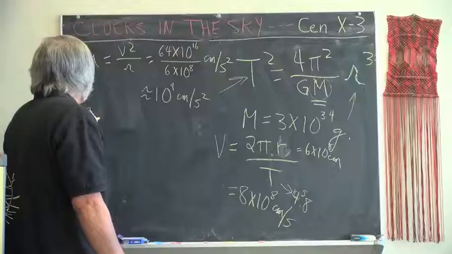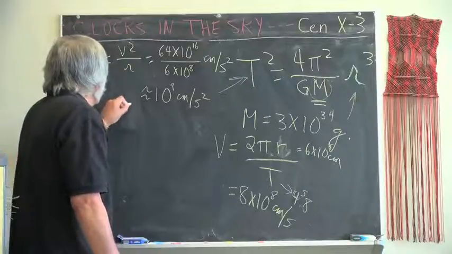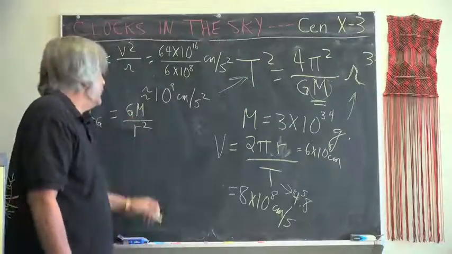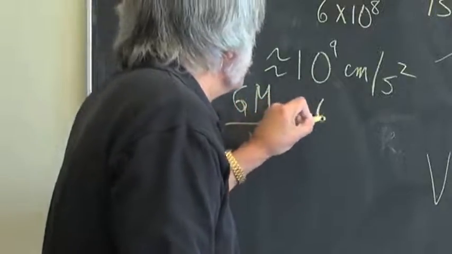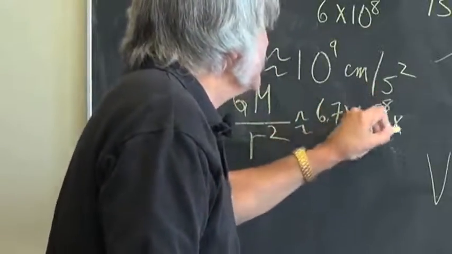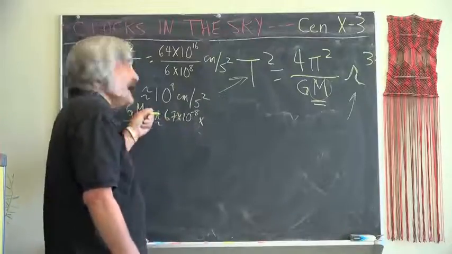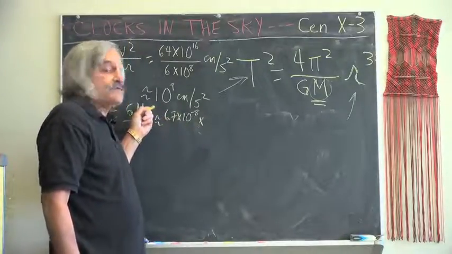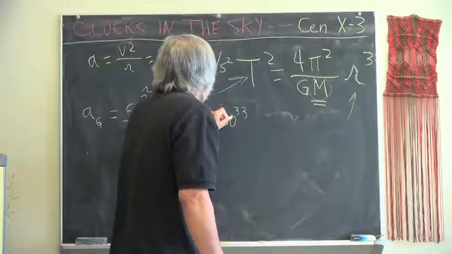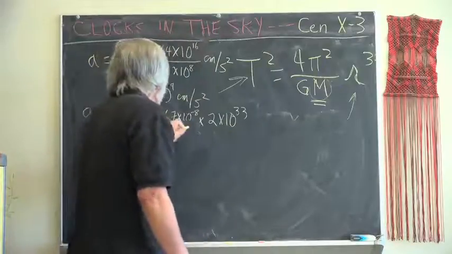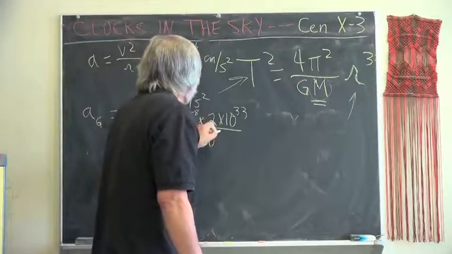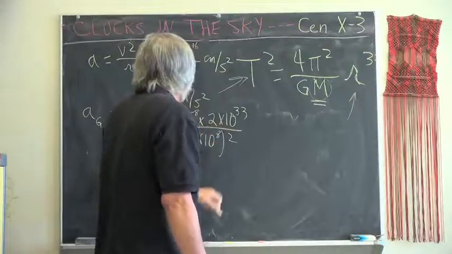So we have a due to gravity equaling GM over r squared, and that's about equal to 6.7 times 10 to the minus 8 times, that's G, our 1 solar mass white dwarf has 2 times 10 to the 33 grams associated with it, and our distance is 6 times 10 to the 8 centimeters squared.